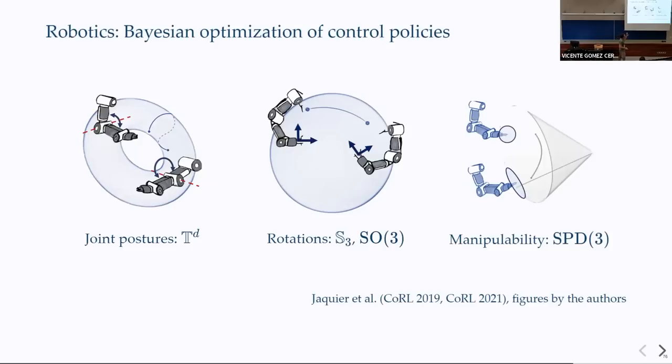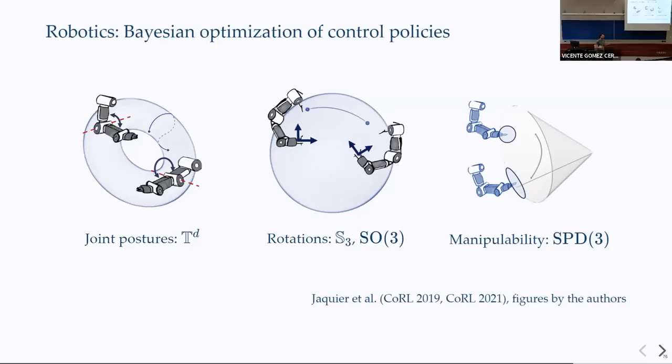So the paper I'm citing here studies what happens if you use geometric Gaussian process models instead of the Euclidean Gaussian process models, and also geometric optimization of acquisition functions, to boost the performance of Bayesian optimization in order for it to converge faster.